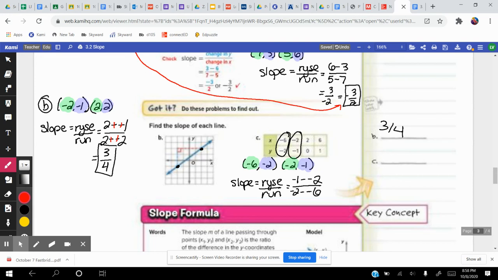Because there is subtraction, I'm going to add and make it the opposite, so it's plus 2. Add and make it the opposite, so it's plus 6. Negative 1 plus 2 is 1, divided by negative 2 plus 6 is 4. So that means my slope is 1/4.